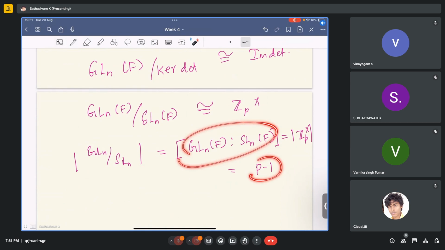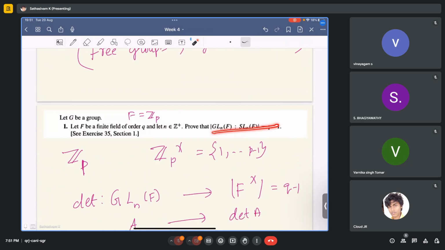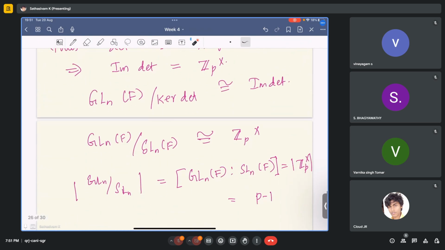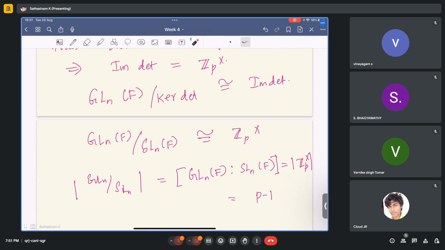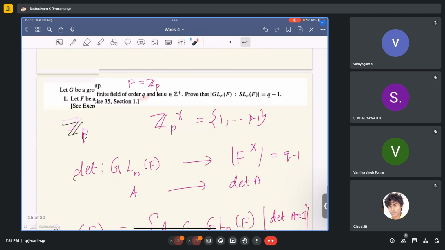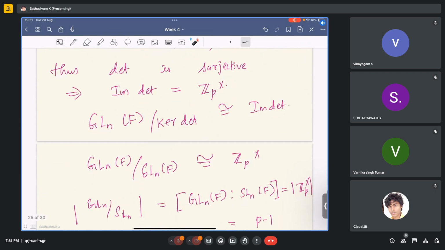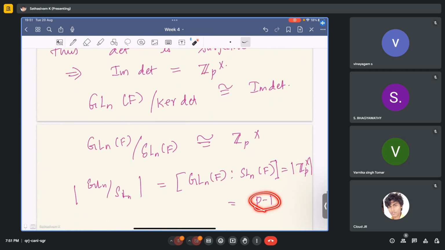So this is equal to this, and that gives you the proof. This index is what it means. Generally, if you have any field of order q, the same proof works, and instead of p minus 1 you will get q minus 1.